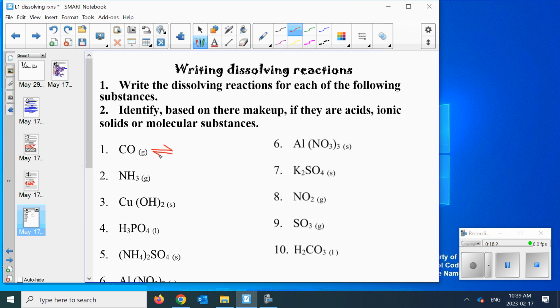Anything up in that corner is non-metal. C and O are both non-metal. Molecular. So I just put an M there beside the number 1. And then this is just CO. Carbon monoxide, well, you wouldn't want to drink that. Carbon dioxide, delicious. Carbon monoxide, kill you.